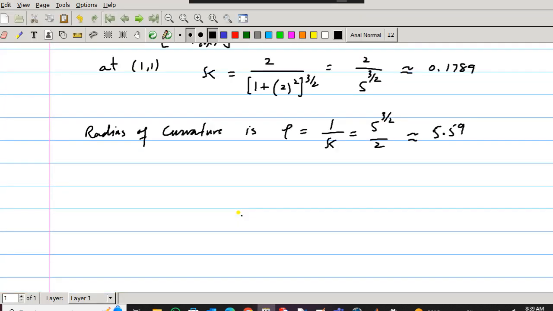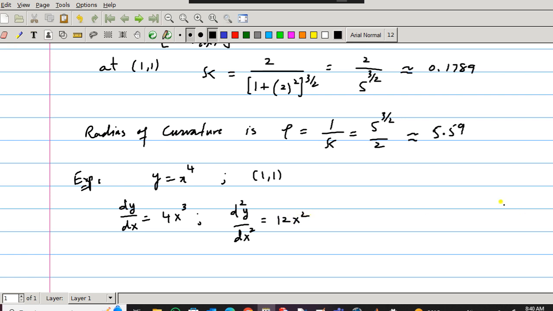You can also do your sine, cosine, or logarithmic function, or anything, because if the point is given, then it becomes easy. So here x4 is given, and again the point is (1, 1). Right, so I need the first derivative. First, remember that I need two derivatives: 4x cube, and then the second derivative will become 4 into 3x square. So this will become 12x square.